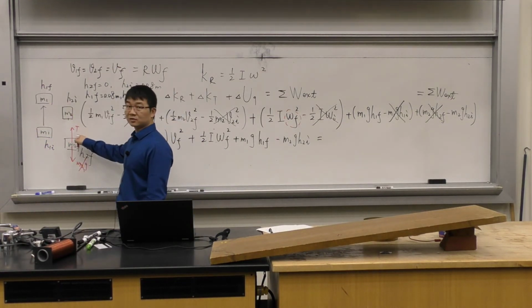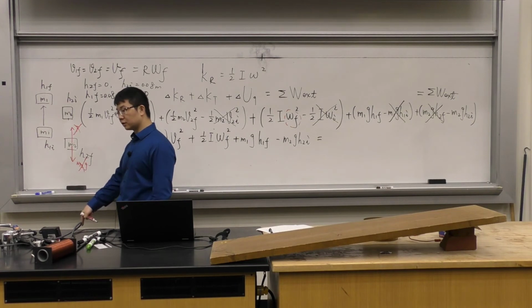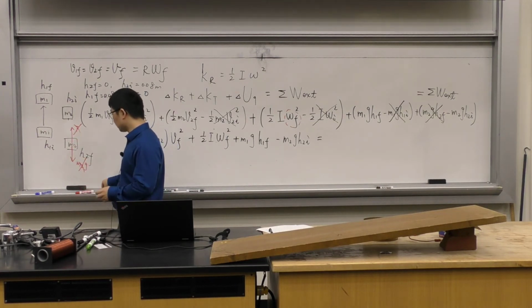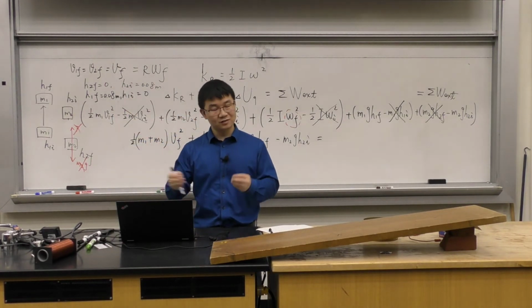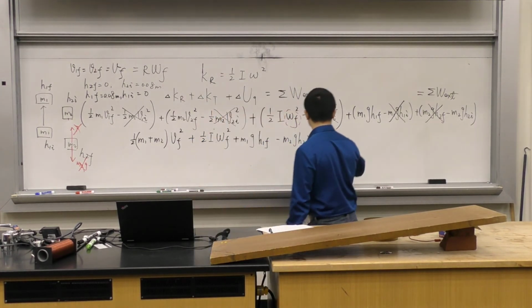Tension is inside my system, doesn't do work. And you will draw the same free body diagram for M1. Gravity doesn't do work. Tension is inside the system. So there's nothing from the outside. These 3 guys in the system, they are just interacting with each other. They don't get any work from the outside, right?